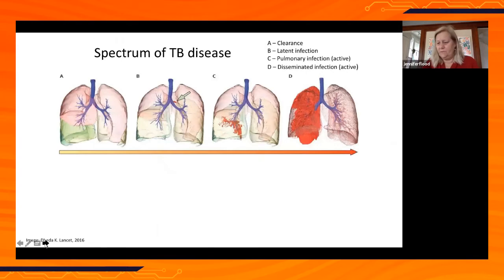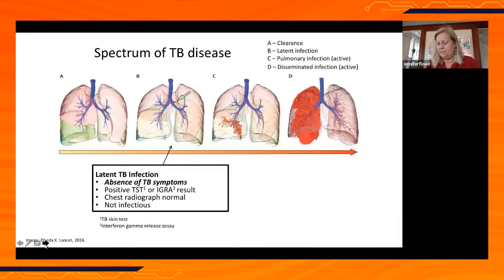So let's look at this a different way. Here's the spectrum of TB disease. We know that it's really actually not separate stages, but a continuum. And latent TB infection, just to be super clear, is defined by the absence of TB symptoms and illness, the presence of a positive IGRA or tuberculin skin test, and a normal chest x-ray. In latent TB infection, the patient is not infectious, can't spread TB.